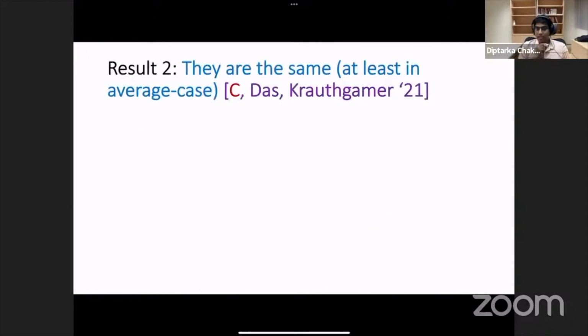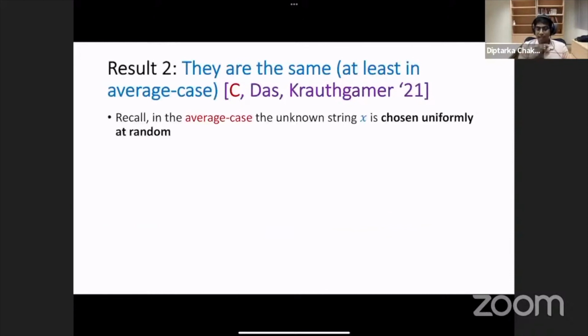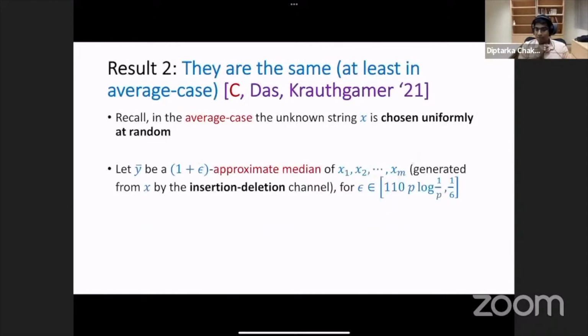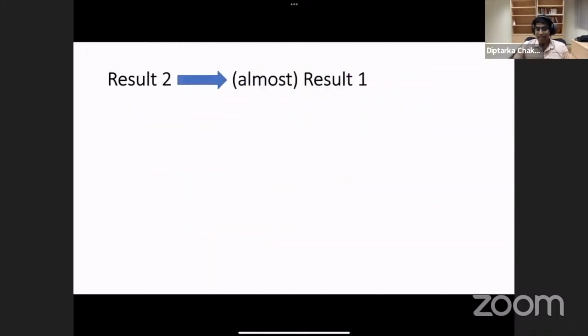What we show is that they are the same, at least in the average case. If you take any approximate median, like a 1 plus epsilon approximate median, then with high probability it is very close to the unknown string X. And then basically result 2 implies result 1.